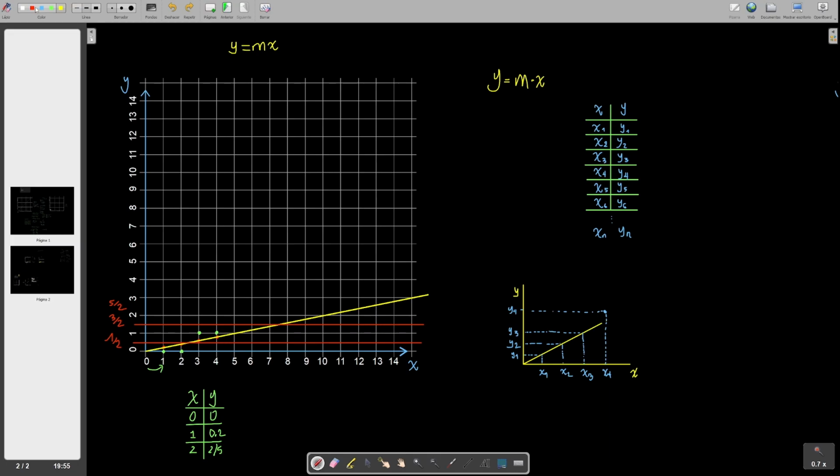So how would you check, or how would you correct your point values?